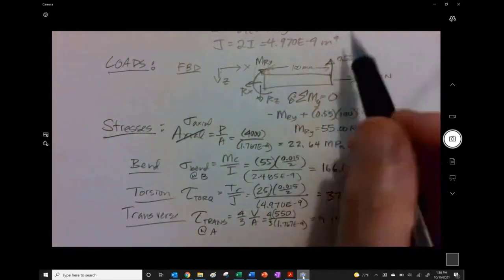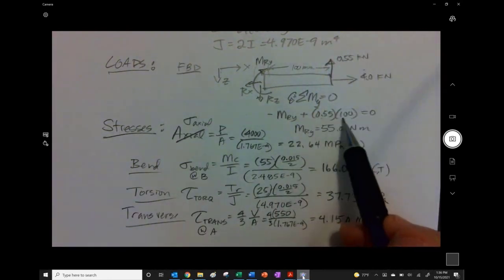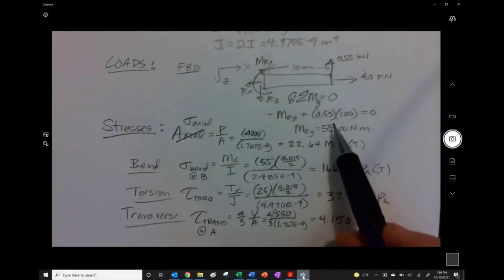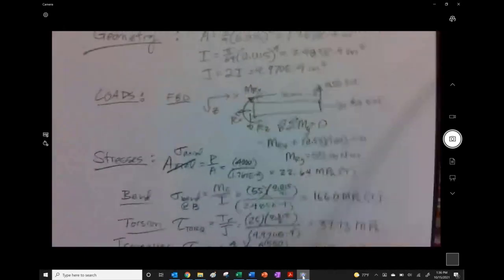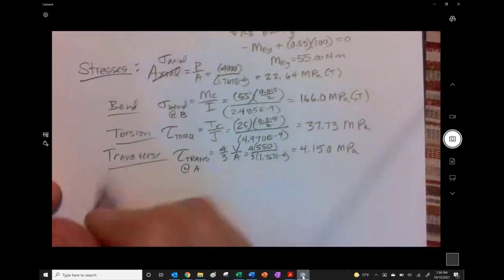I think it was because of 0.55 kilonewtons times, all right, yeah, 100 millimeters. Yeah, it's good. It's a good question because that's a really easy one to mess up on. So it's a good catch.